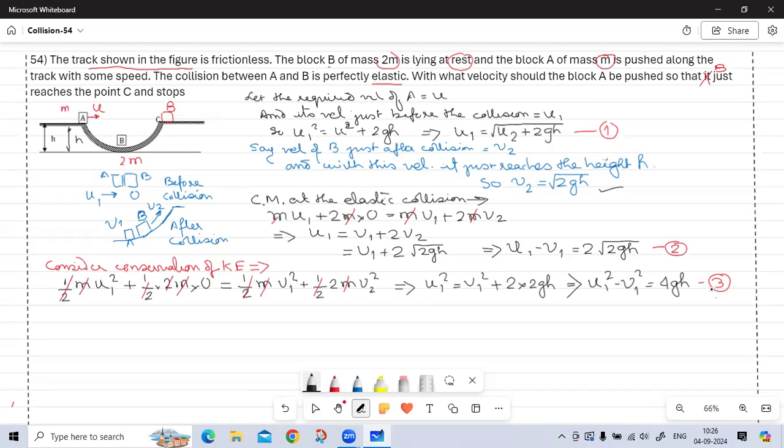What do we do? We divide equation 3 by equation 2.